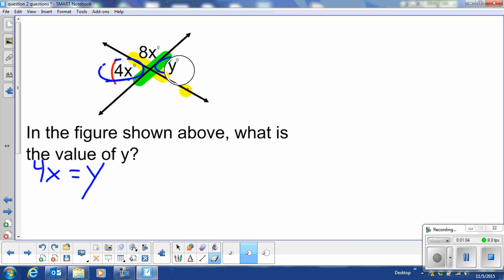Well, that did give me an equation, but I cannot solve an equation for two variables, so I have to figure out another way to solve.